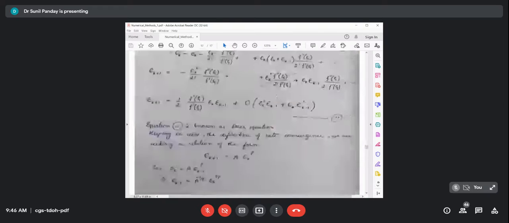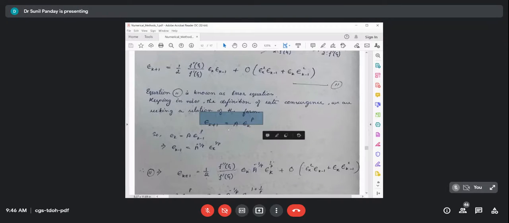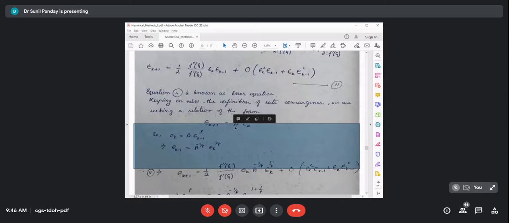So how do we do that? We know that our error equation is always of this form, like epsilon k plus 1 is equal to some constant, and this constant will decide less than or equal to or equality, into epsilon k raised to power p.